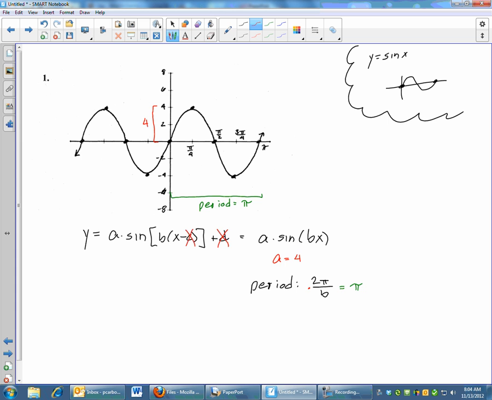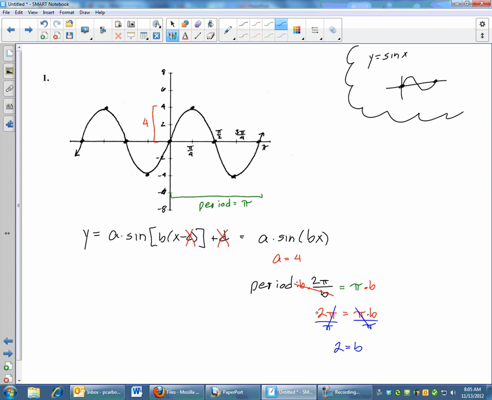I am dividing by b, so I'll undo that by multiplying. That will give me 2 pi is equal to pi times b. And remember, we are trying to get b, so my next step is to divide by pi to undo this part. Those cancel, these cancel, and we simply get 2 to be b.